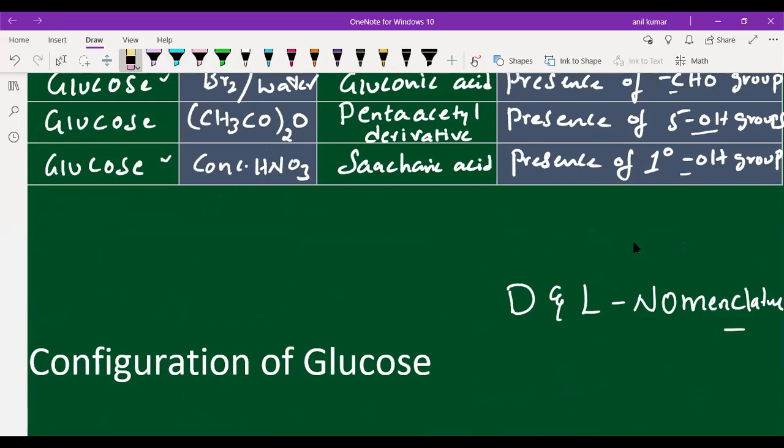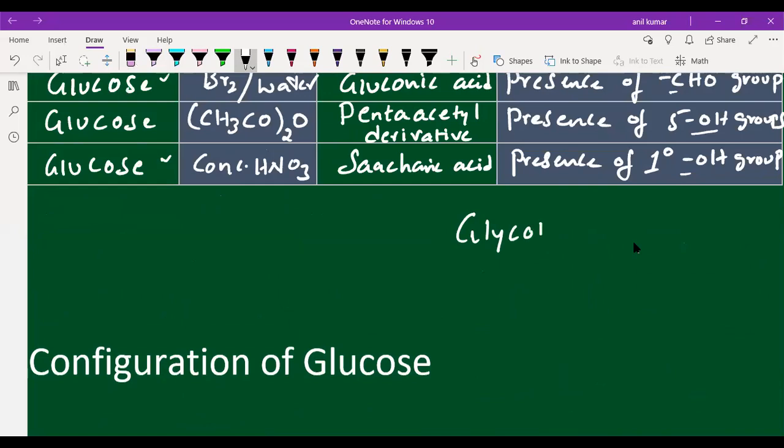Glyceraldehyde: you might have known about glycols and glycerols. What are glycols? Glycols are compounds containing two OH groups, two alcohol groups.